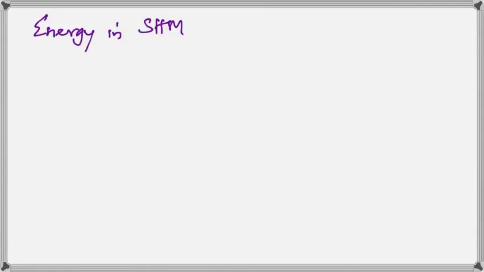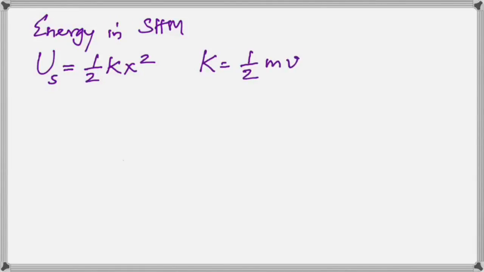What's the formula for potential energy of a spring? 1/2 kx squared. And kinetic energy is, of course, 1/2 mass times velocity squared. And the energy is oscillating. I want you to be listening now very carefully.